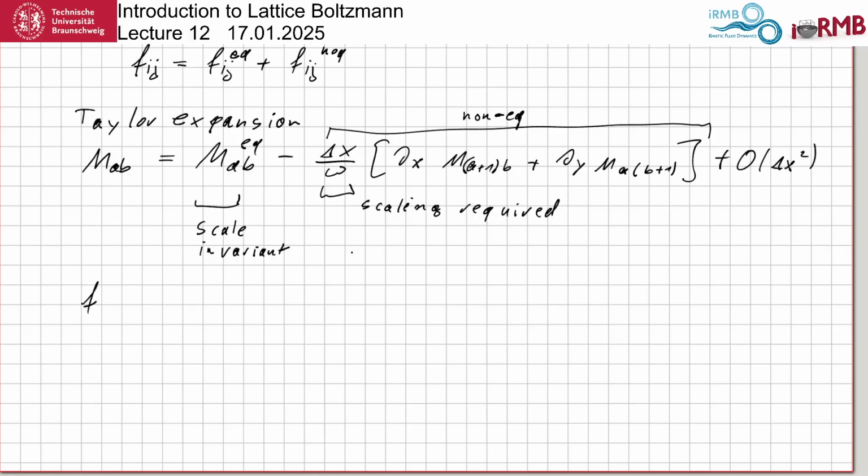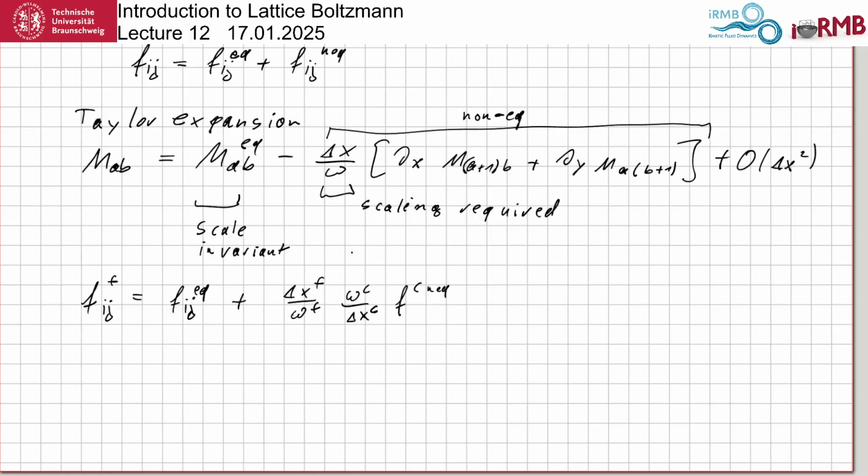Okay, so we'll have to do the reconstruction of f_ij on the fine grid. Write it this way: f_ij equilibrium plus delta x fine by omega fine times omega coarse by delta x coarse, which are of course just factors of 2, times f non-equilibrium.